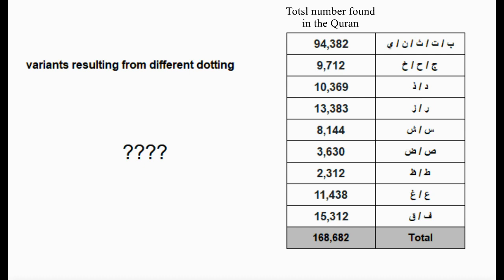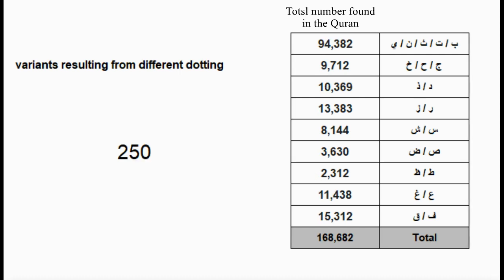The total number of these letters is 168,682. How many variants originated from these 168,682 letters? How many? 50,000? 10,000? 1,000? Well, the number is approximately 250. So only 250 variants resulted from over 168,000 letters.